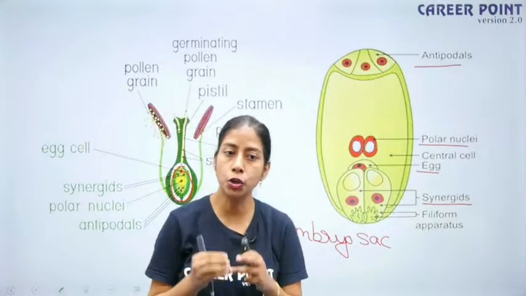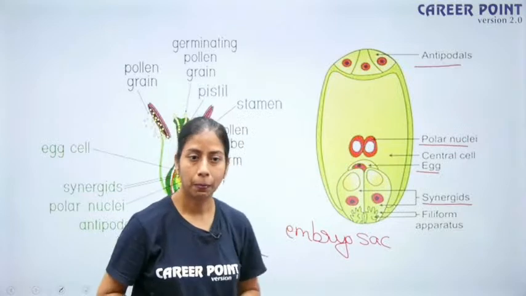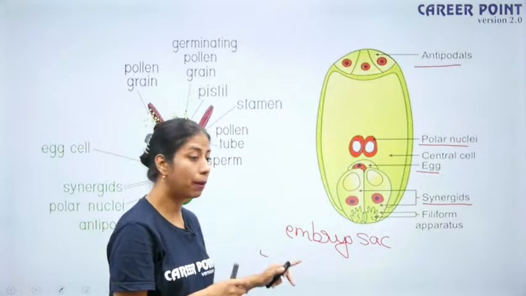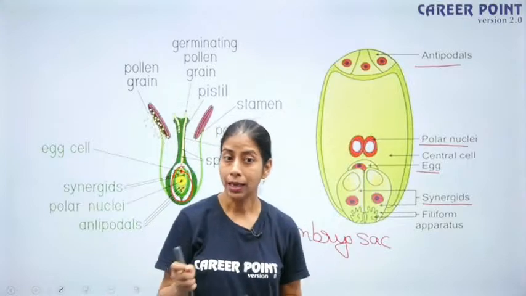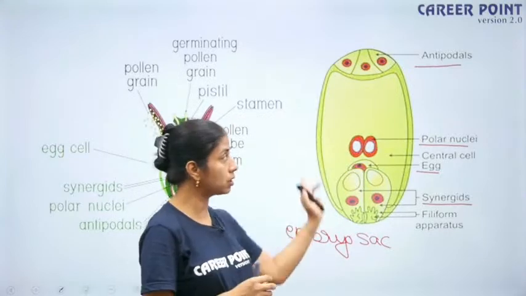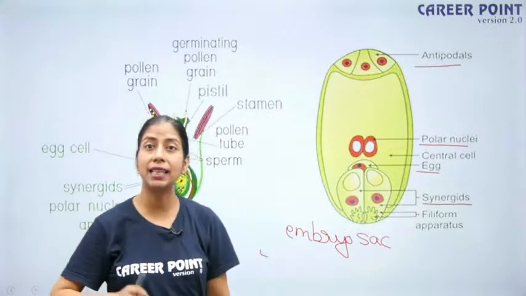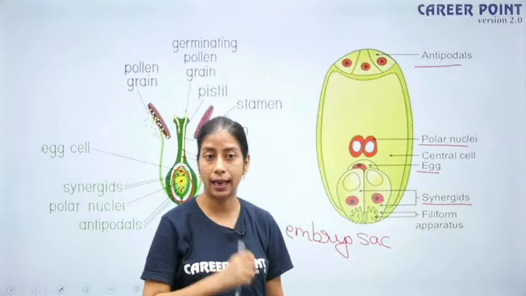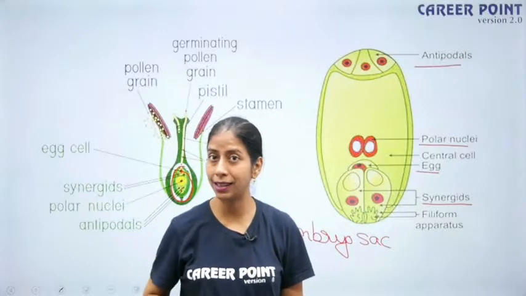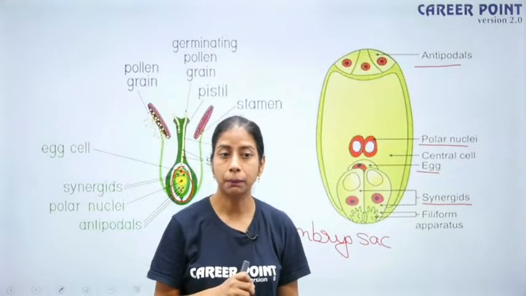So we should know about this. Here this is the embryo sac, not the embryo. एम्ब्रियो तो अभी बनेगा, it's not an embryo. This whole structure is termed as embryo sac, जिसके अंदर फीमेल गैमेट है. एम्ब्रियो तो आफ्टर फर्टिलाइजेशन बनने वाला है, राइट.